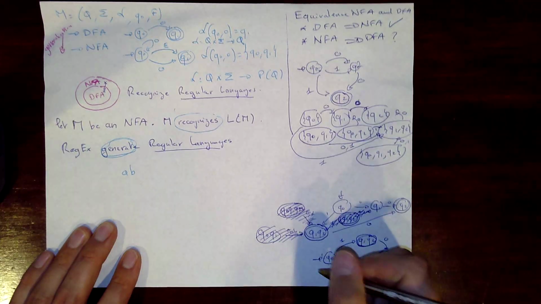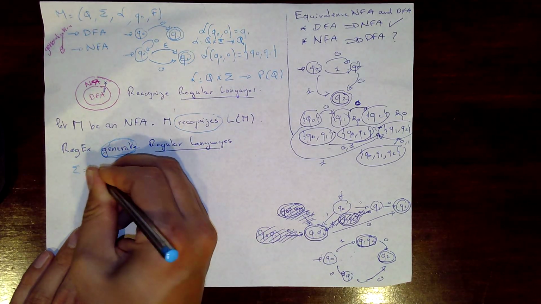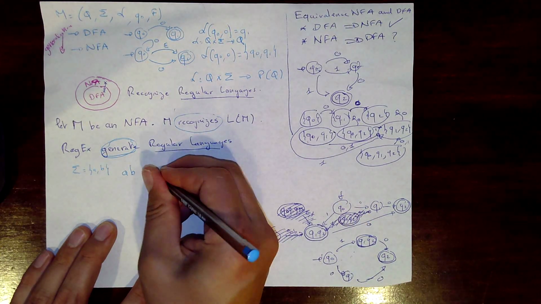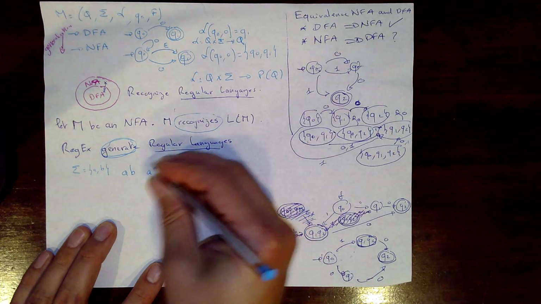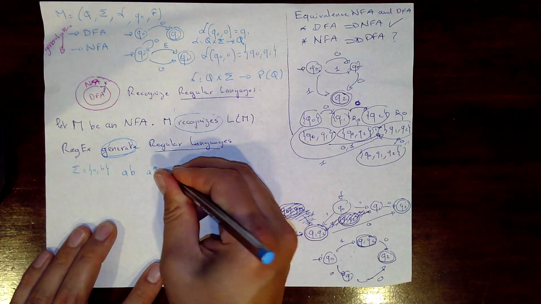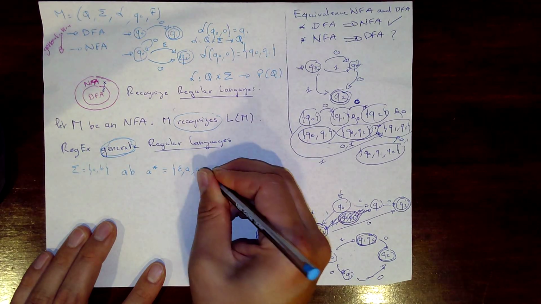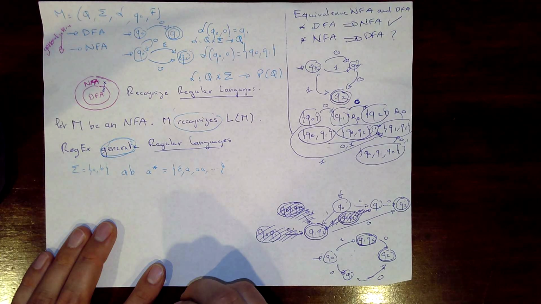AB is a regular expression for the alphabet. If we consider the alphabet A and B, you can have AB. A star is going to be a regular expression. That means that A star contains the empty string, A, etc. You can have as many A as you want.